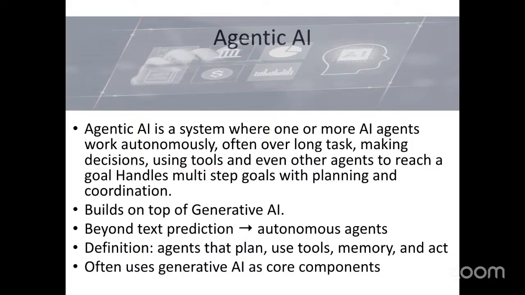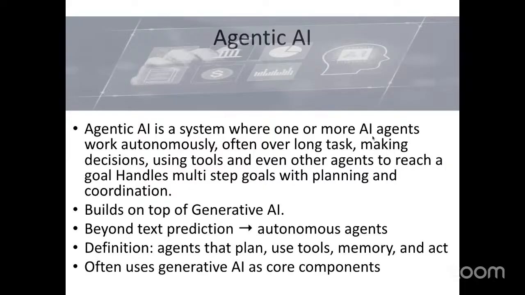So I have three conditions: I want the flight to be booked, I want the hotel to be booked, and I want the weather to be sunny whenever I go on the trip. This kind of thing we can make using an agentic AI system.